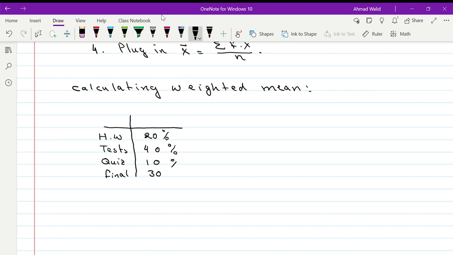If you see, if you add all of them, it gives you 100. Correct? 100%. This is the weight. This is your class. Correct? Now, I want to find the weighted mean.